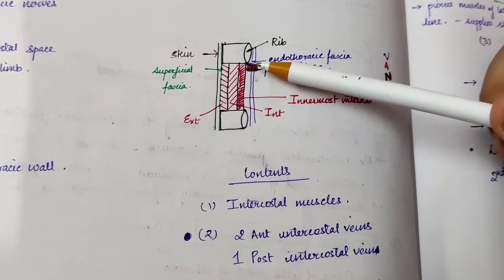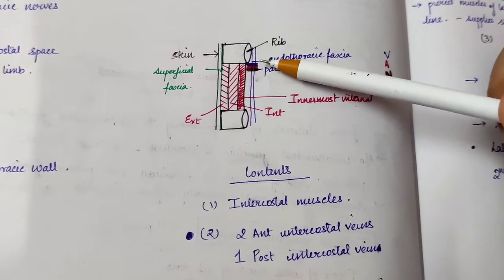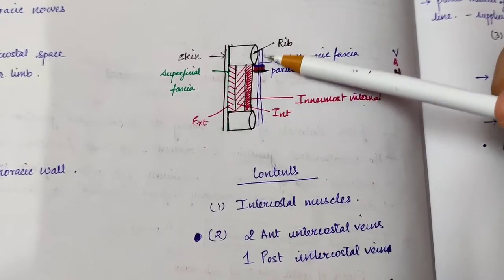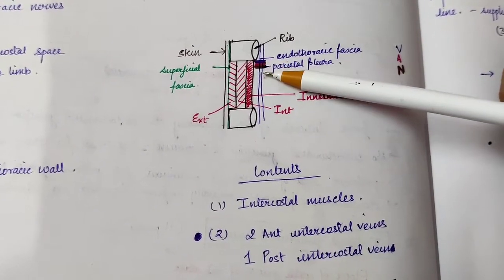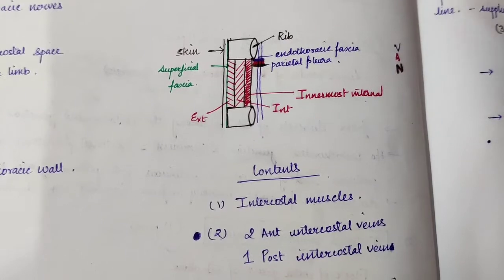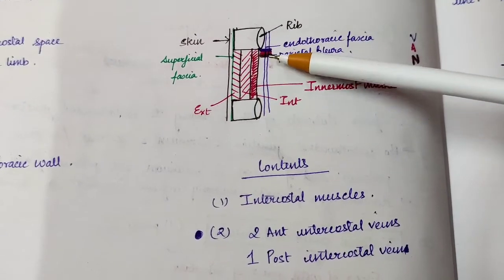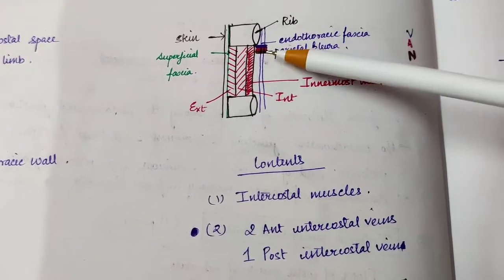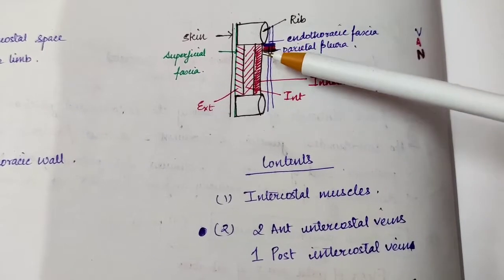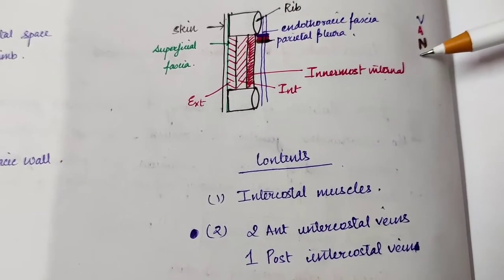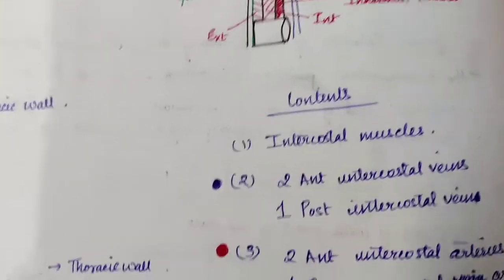Next, the contents: we have the endothoracic fascia, and then the parietal pleura. Here we have three things: the intercostal vein, artery and nerve, in that order, from above downward. So these are the components.